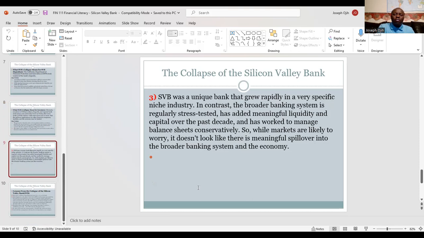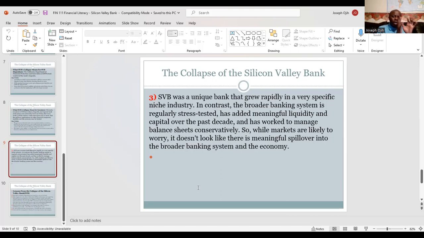I think, as a matter of fact, I will say this: the Silicon Valley Bank collapse was rapid. The bank also grew very rapidly in a very specific niche industry. Their customers were mainly startups, tech companies, and venture capitalists.